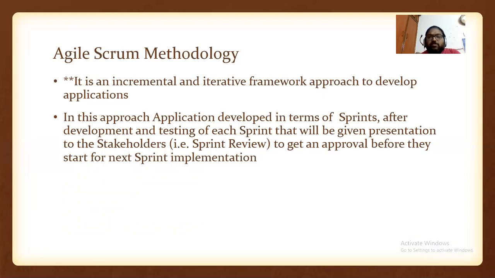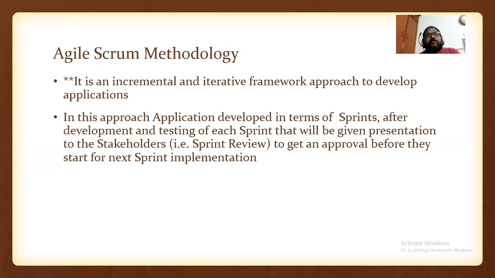They call these units sprints. After development and testing of each sprint, a presentation is given to the stakeholders, which is called the sprint review, to get approval and funding before they start the next sprint implementation. This is the concept, very simple.